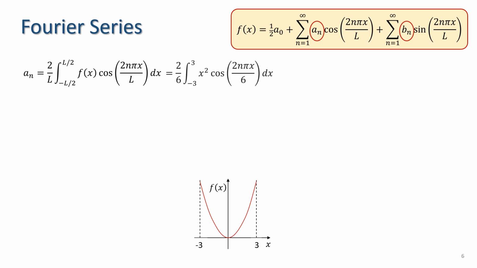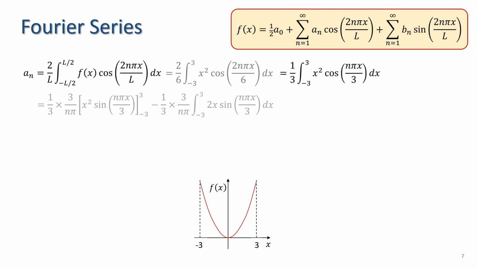This gives 2 over 6 times the integral between -3 and 3 of x squared times cos 2n pi x over 6, i.e. 1/3 times the integral between -3 and 3 of x squared times cos n pi x over 3.